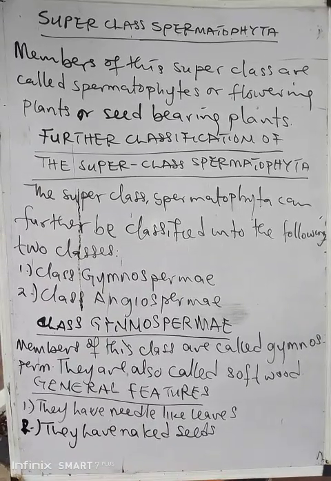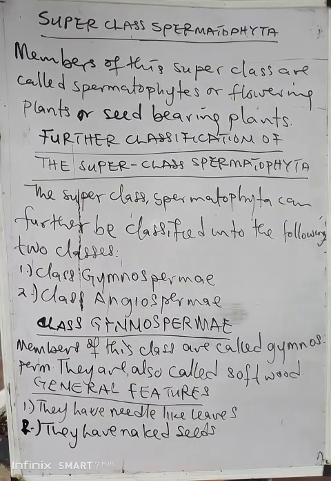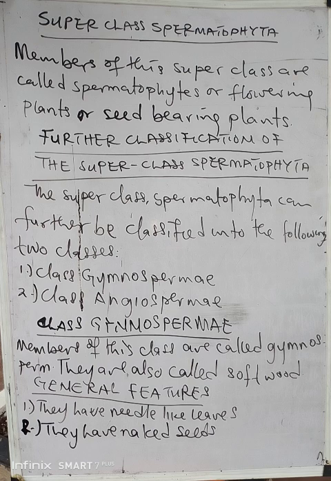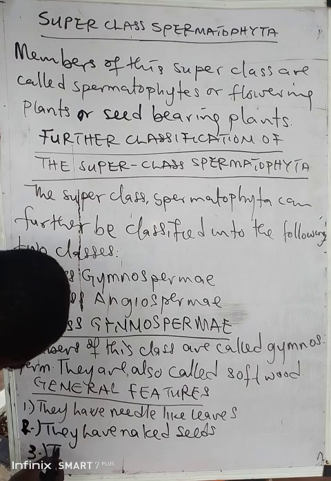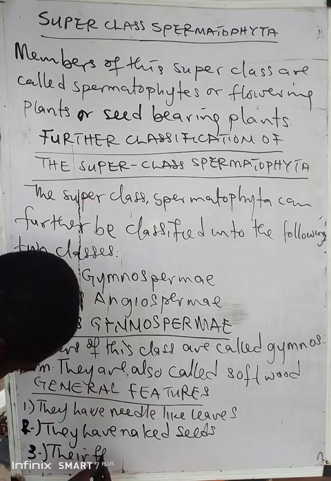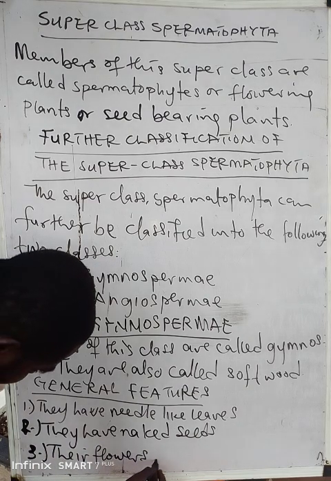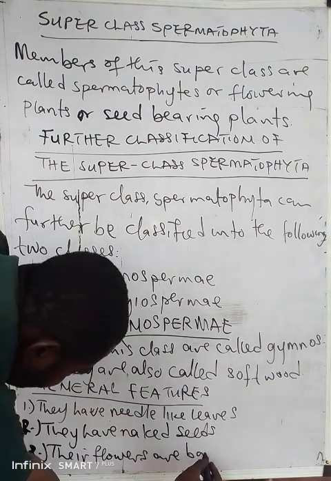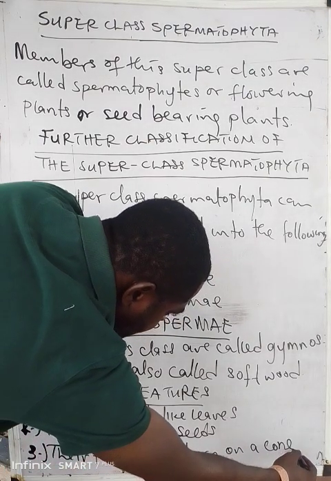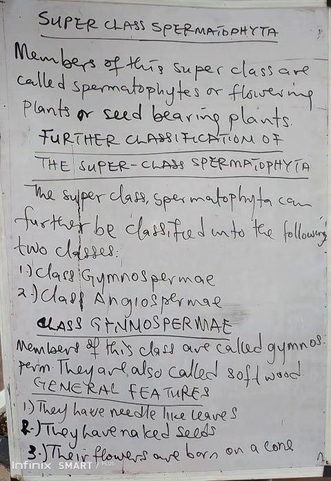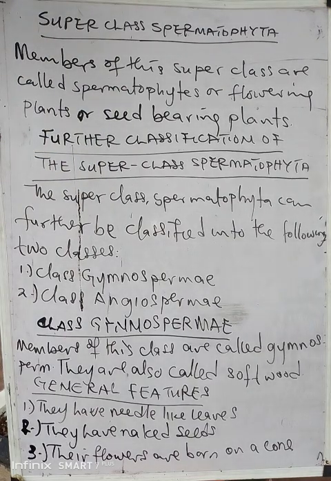But here, their seeds are naked and dry, so they are not protected by fruit. Then another thing about them is that their flowers are borne on a cone. So these are common features of this class.